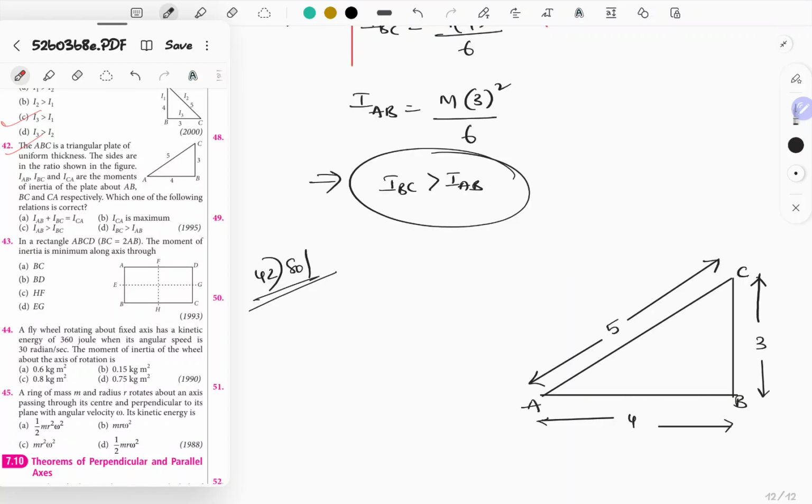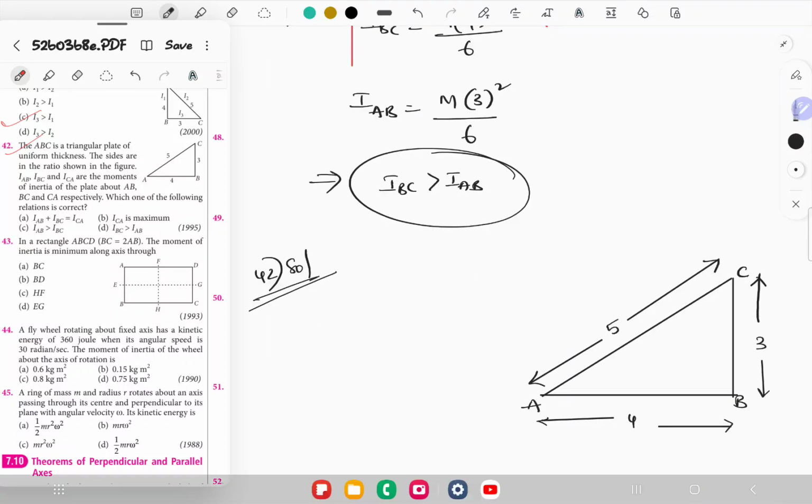Now observe question number 42. ABC is a triangular plate of uniform thickness. The sides are in the ratio as shown in the figure. IAB, IBC and ICA are the moments of inertia of the plate about AB, BC and CA respectively. Which of the following relations is correct?